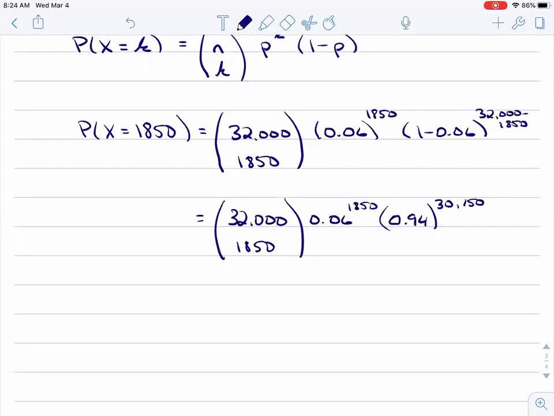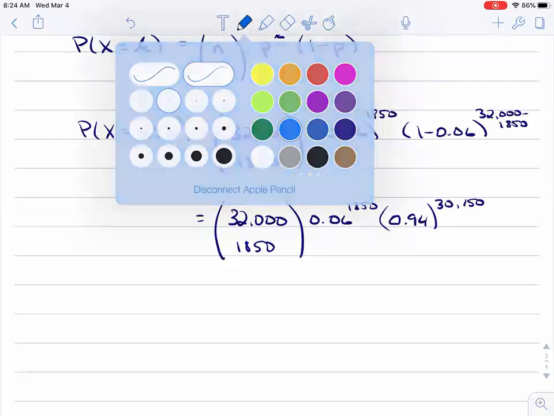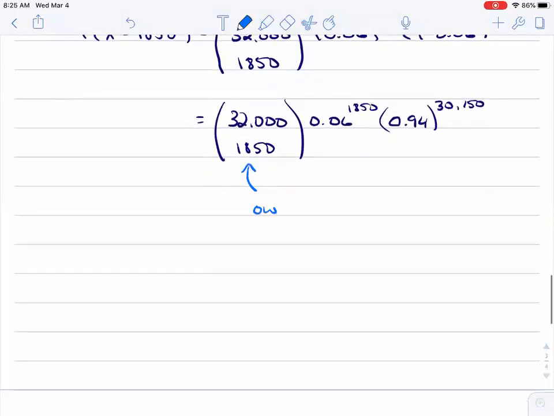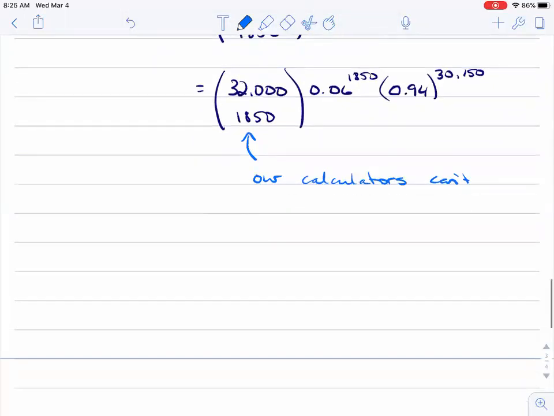And so Excel can do this. We cannot on our little calculators, right? And so I'll make a note here. Our calculators can't handle this calculation.